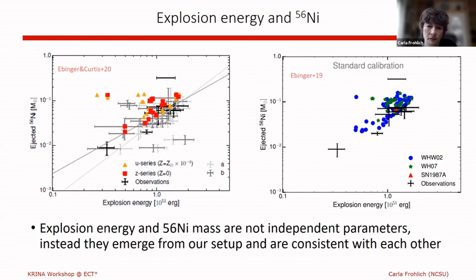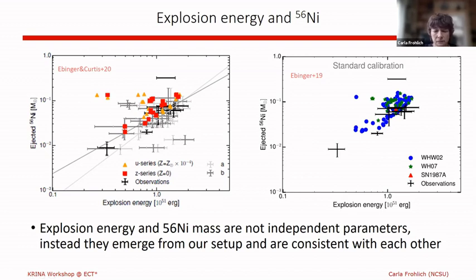So where the colored dots fall, this is not a vertical or horizontal line where they can be moved around. There's one explosion energy with one ejected nickel mass for a given calibration for a given progenitor. You can also see in black and gray observational data from supernovae.